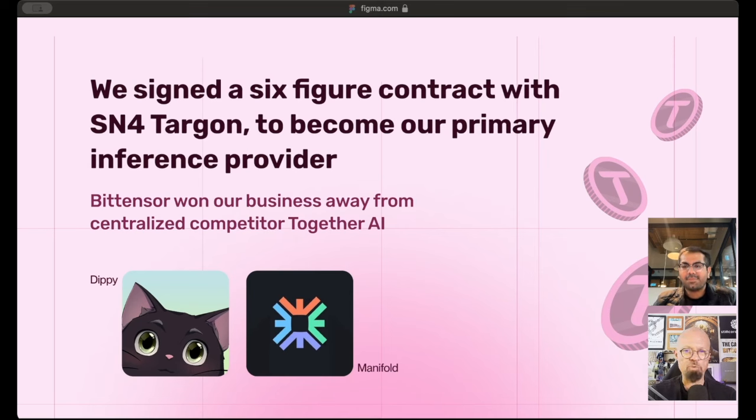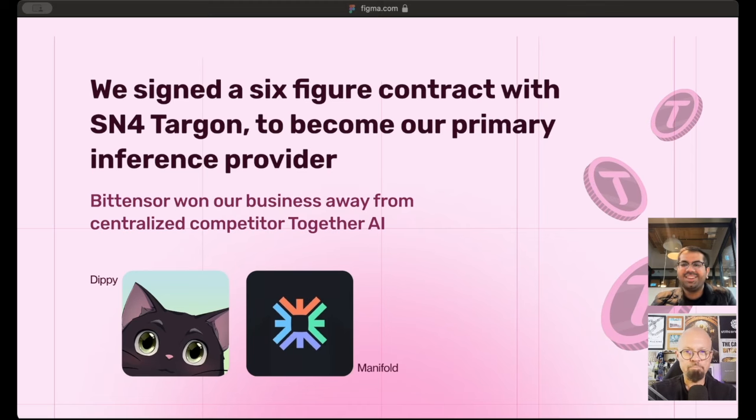And they're the people who are actually providing the inference. So I have to shovel my data over to like 256 randoms from around the world. I don't like that because I don't want my data getting out. So what Targon did was they created this encrypted, trusted execution environment where the inference could be served up, while keeping the data completely private, so that even the miners can't see it. And that leads to enterprise adoption. And people like Akshat coming along saying, yeah, you know what? I'm comfortable with this now.